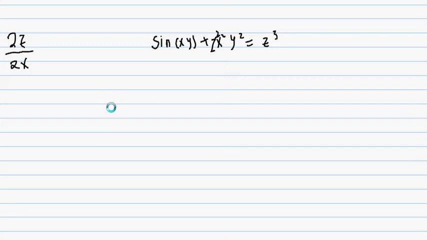Now using the multivariate chain rule, we actually showed that the partial of z in respect to x is equal to negative the partial of some big function f that I'm going to introduce at this moment in respect to x of x, y, z, divided by the partial of this same big function f in respect to z.